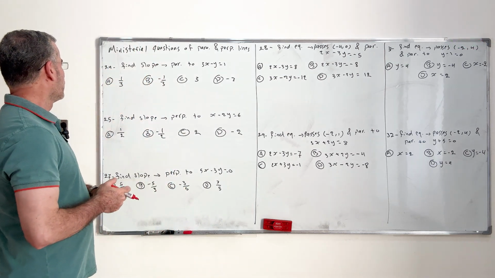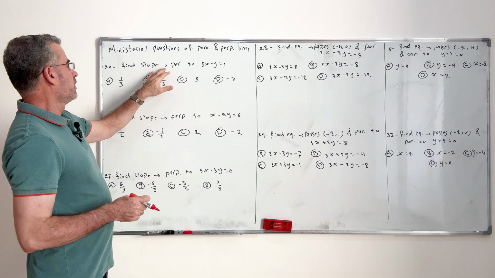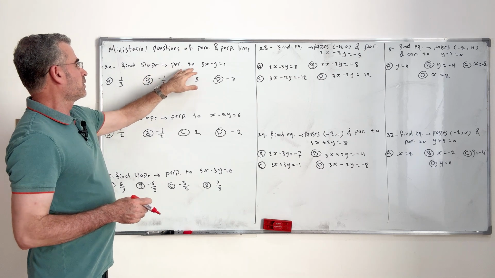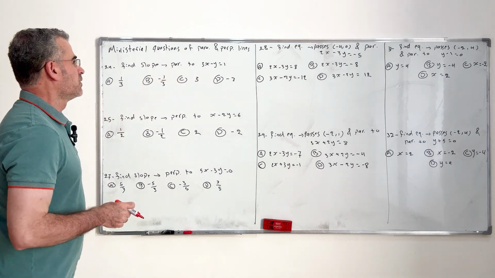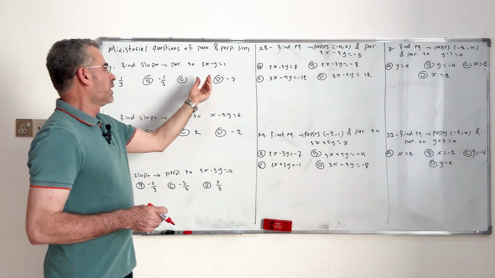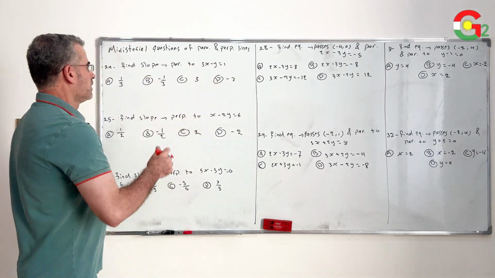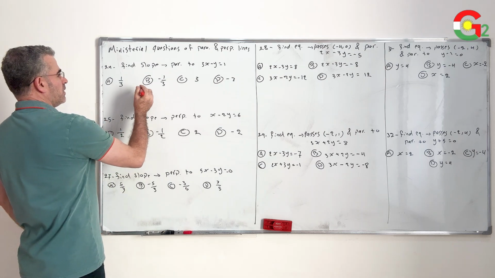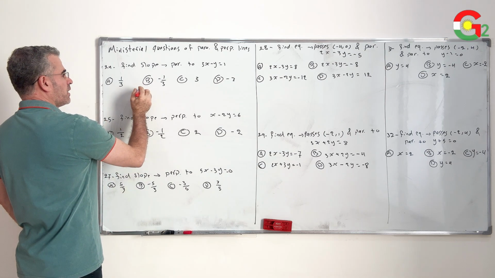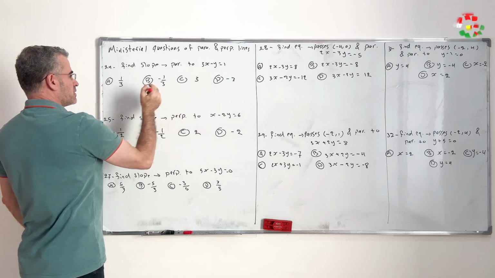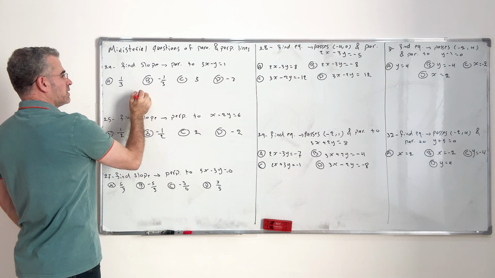Question number 24. Find the slope of the line parallel to the line 3x minus y equal 1. Since it is parallel to this line, they must have the same slope. I'll find the slope of this line.